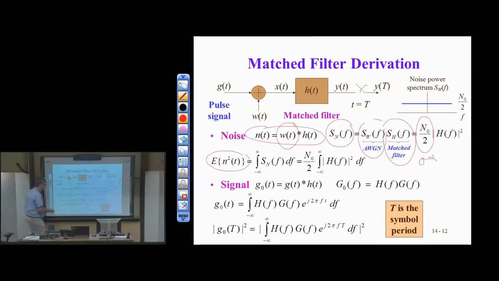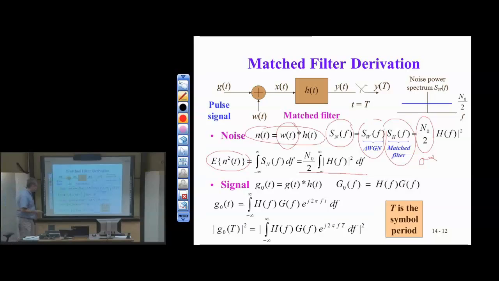I can do the calculation in either the time or the Fourier domain, whichever is easier, and in this case it's going to be easier in the Fourier domain. We can either integrate n squared over all time, or integrate the power spectrum over all frequency. So we end up with this formula that gives us the average noise power as a function of the match filter that we're going to design.